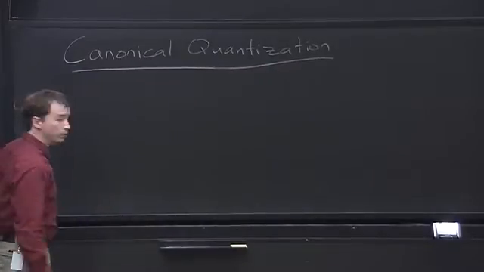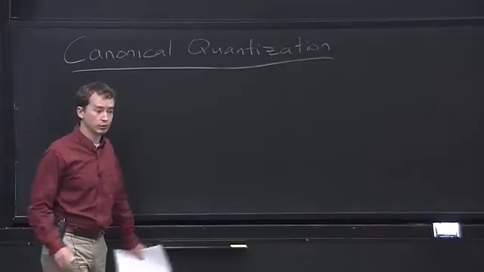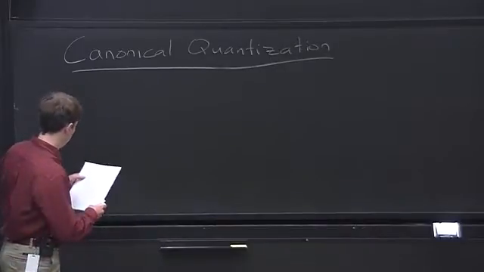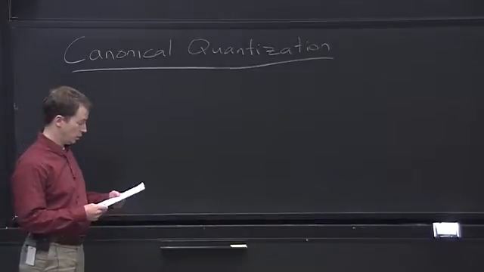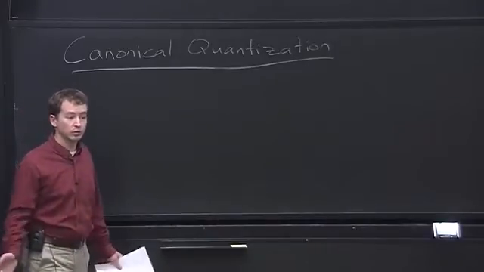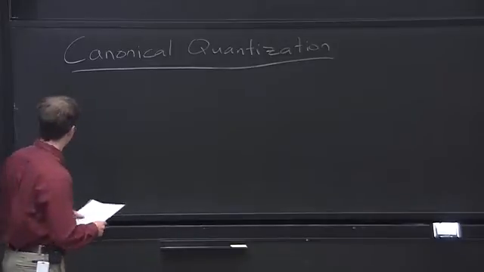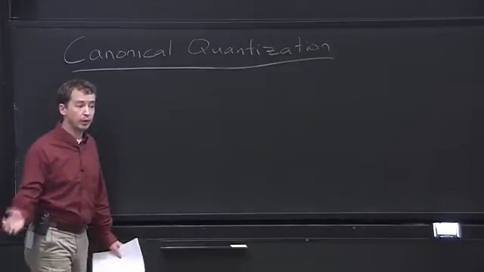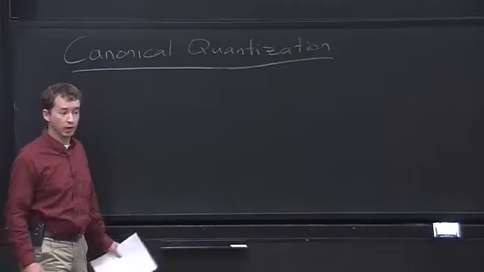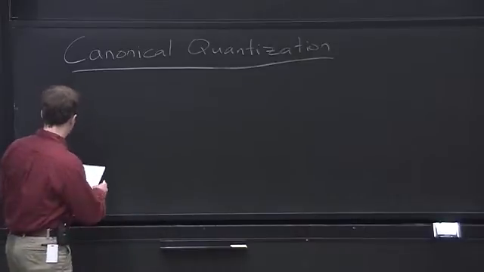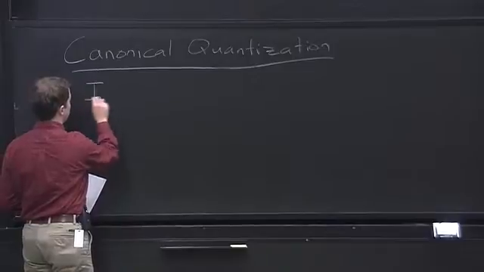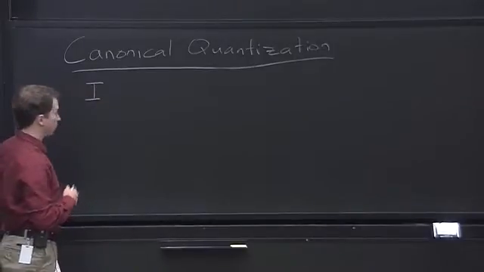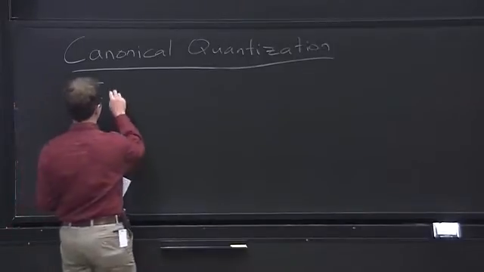So we did most of the hard work in quantizing the field yesterday. All that's left is to promote our field and its canonical momentum to operators in exactly the same way you'd expect based on the analogy with classical particle mechanics. When you're doing quantum mechanics, you start with a classical particle mechanics theory.